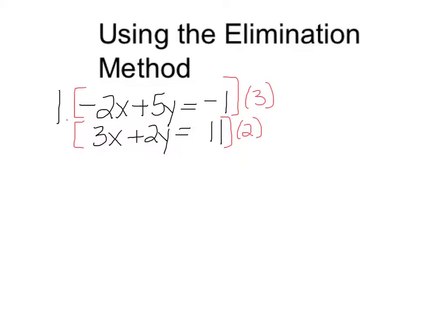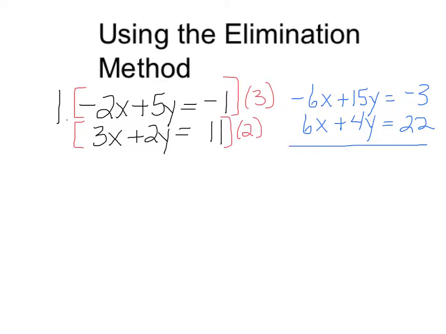So let's write down our two brand new equations. If I take everything in the top equation times 3, I would get negative 6x plus 15y equals negative 3. If I take everything in the bottom equation times 2, I would get positive 6x plus 4y equals 22.